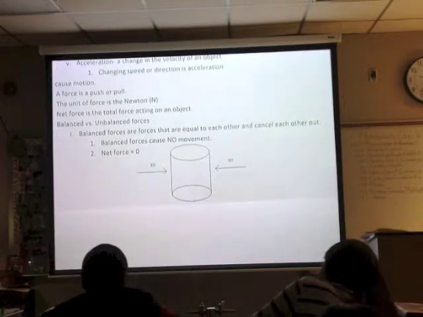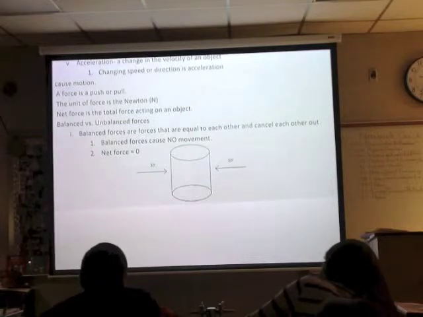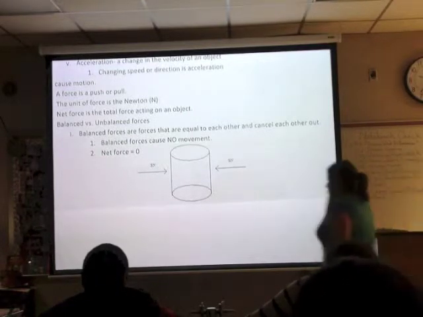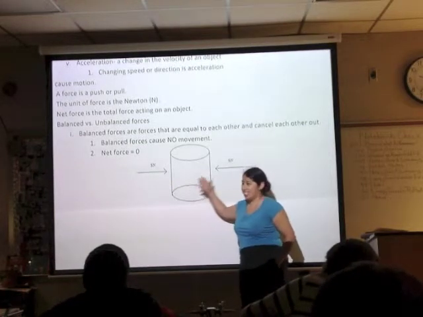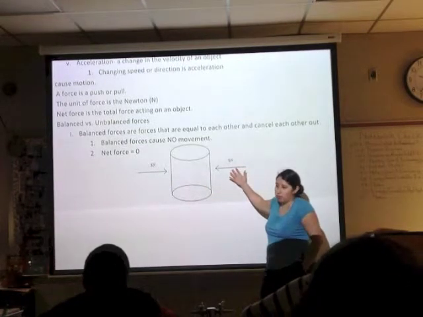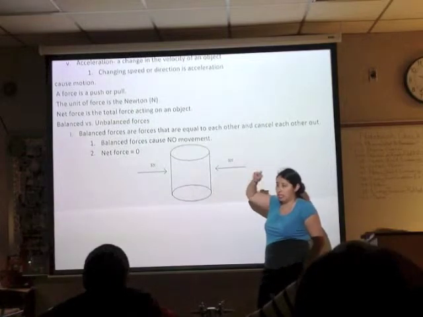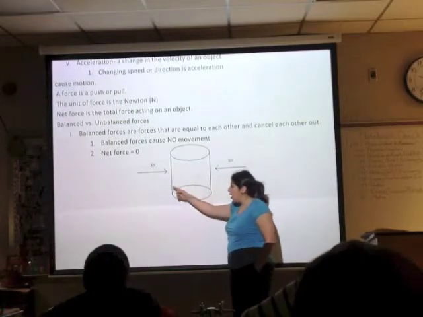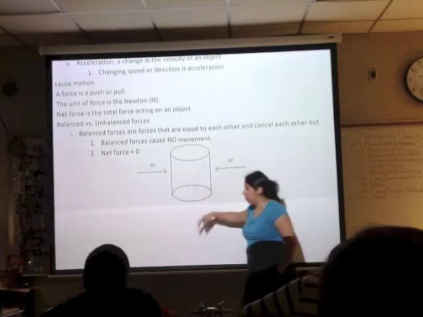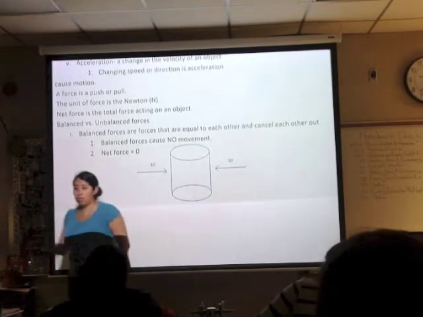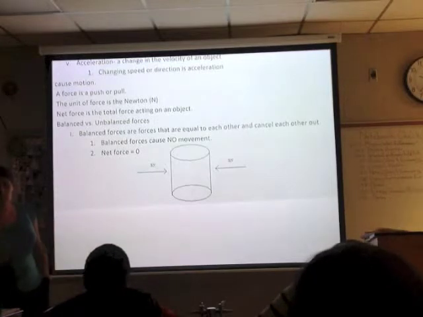No. And the reason is because when you calculate the net force, since they're going in opposite directions, this is like a negative force. Think of it as minus. So since they're going opposite directions, I would do 5 N minus 5 N, which gives me 0. That's why the net force is 0. That's why it does not move.